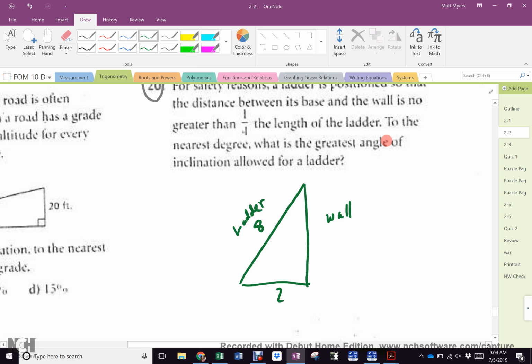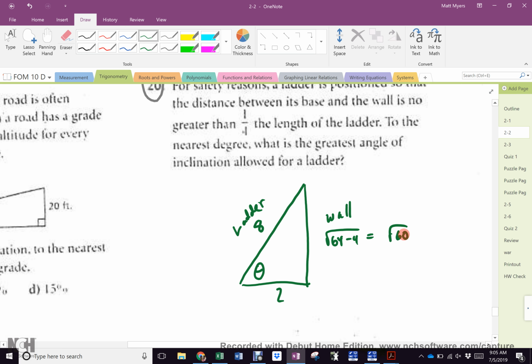I just need to check the nearest degree, the greatest angle of inclination allowed for the ladder. Well, there's my angle, yes? But I don't have this side, do I? How do I find this side? Pythagoras. This side is the square root of 64 minus 4. It's the square root of 60, right?